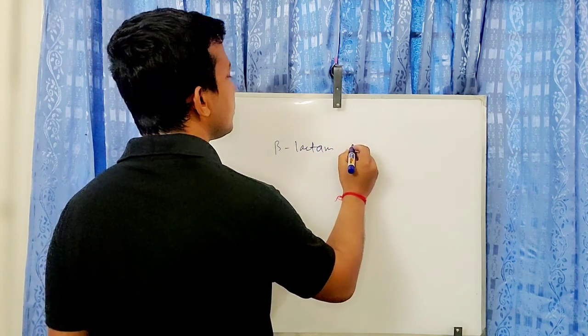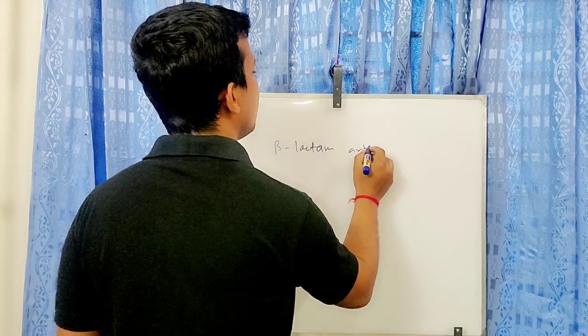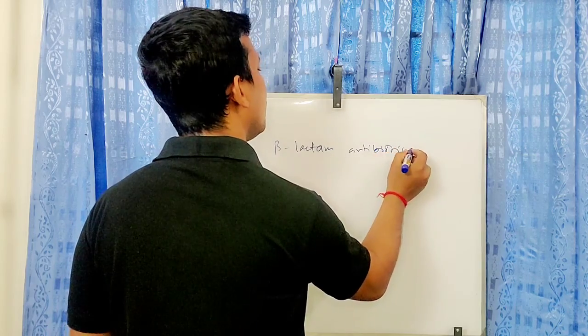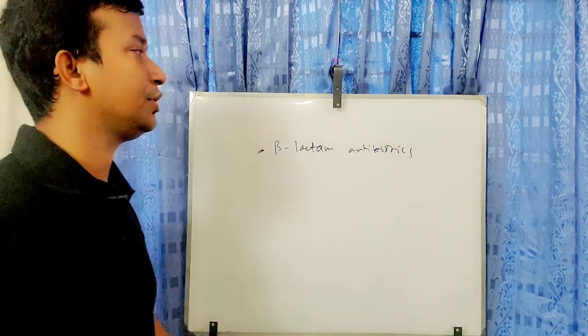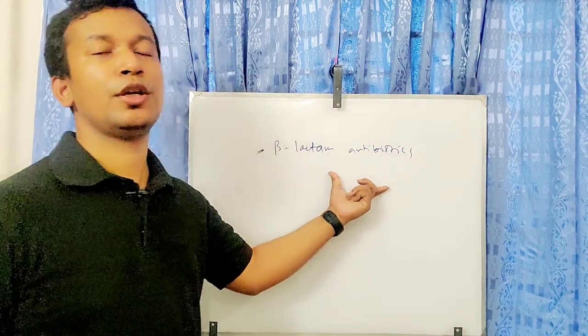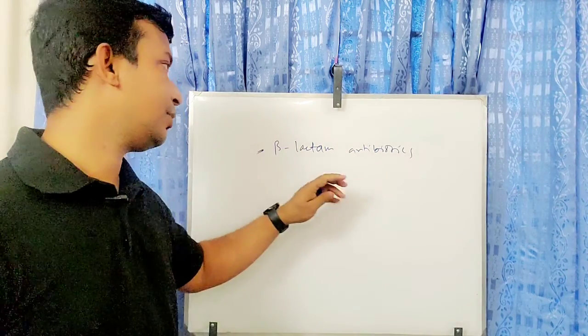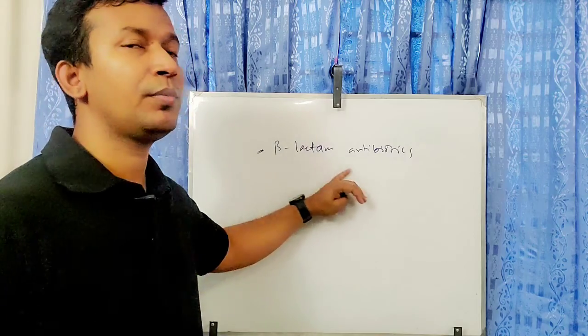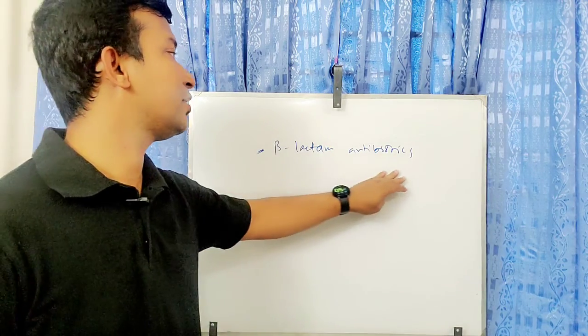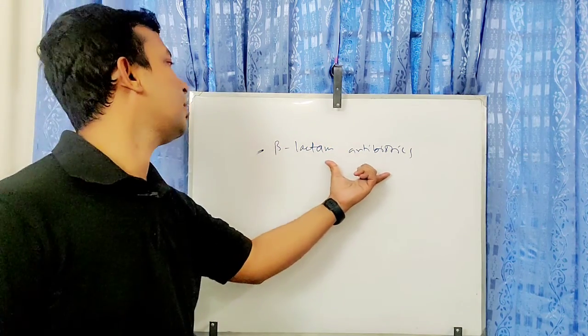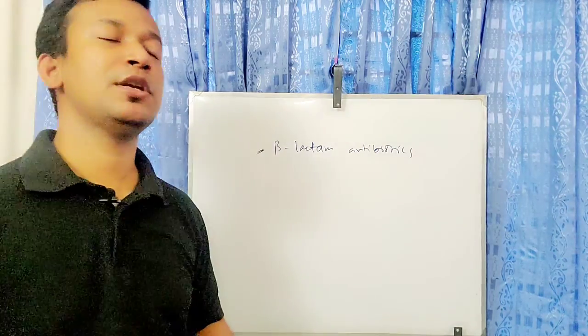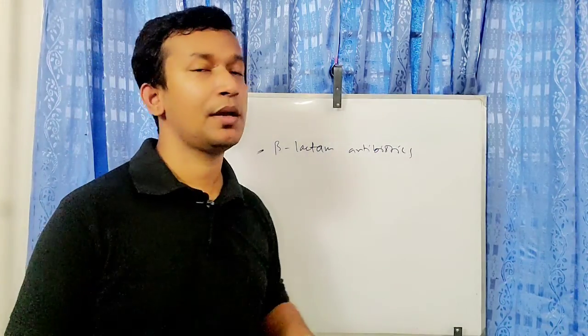Beta-lactam antibiotics. This is a very big class, so it covers both the cephalosporin and penicillin groups. Whatever falls into penicillin or cephalosporin comes under this umbrella, beta-lactam antibiotics, because they have a beta-lactam ring in their chemical structure.